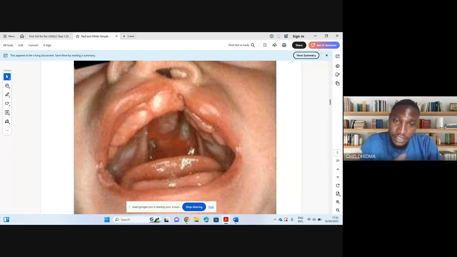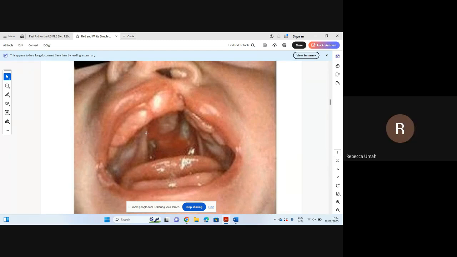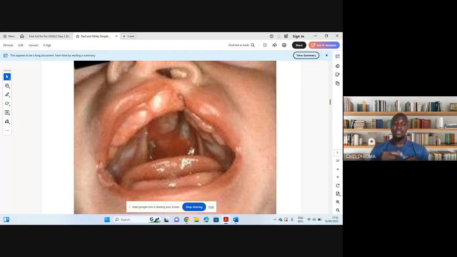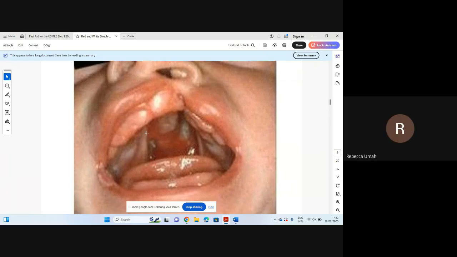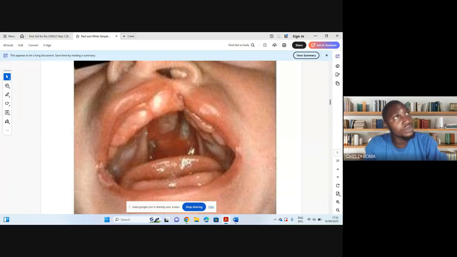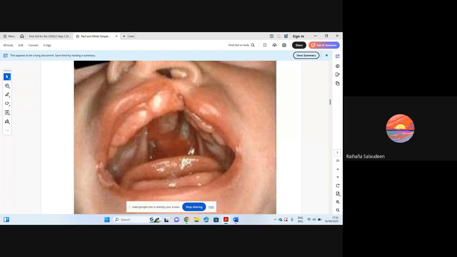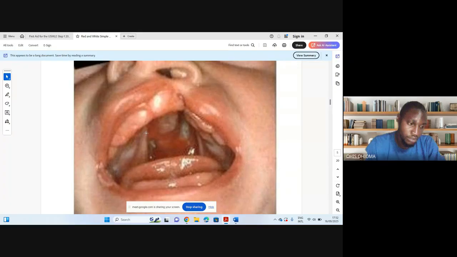No, lithium causes Epstein's abnormality. Isotretinoin can cause it, the one we use to treat acne. Yes, vitamin A.